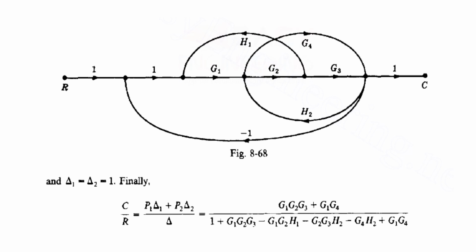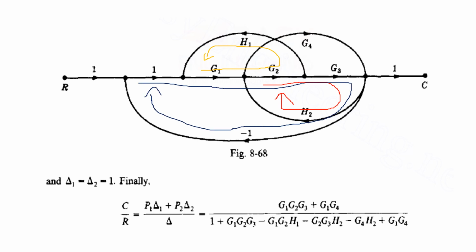So one loop is, this is one of your loops. I have one loop here, and this is another loop what I have. The third loop is this loop which I'm highlighting in blue color. This is my third loop.